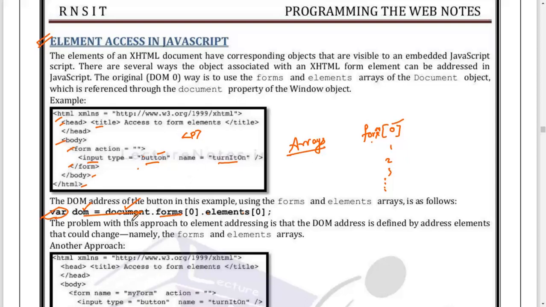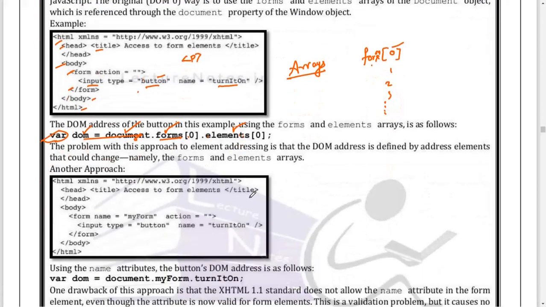So whenever I write document.form0.element0, it will be accessing the document object, under it the first form, and under the first form the first element. It can be any kind of element that you added in the HTML program, and that object will be stored into a variable called DOM.